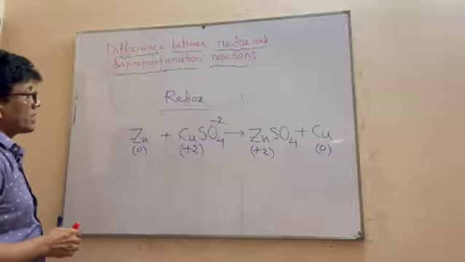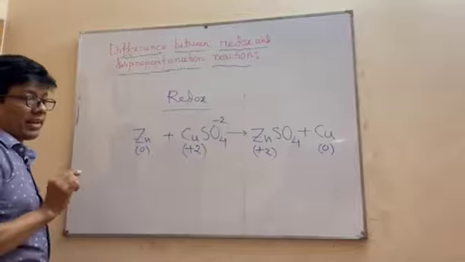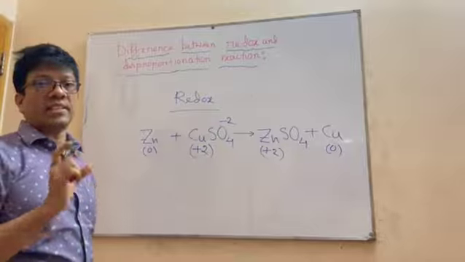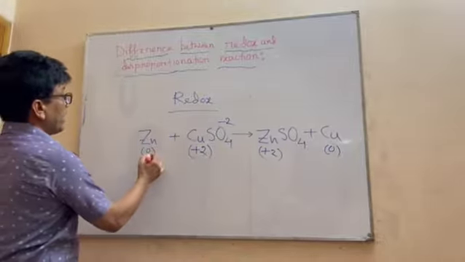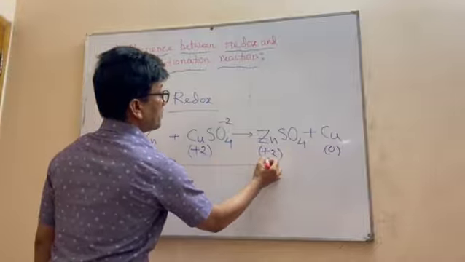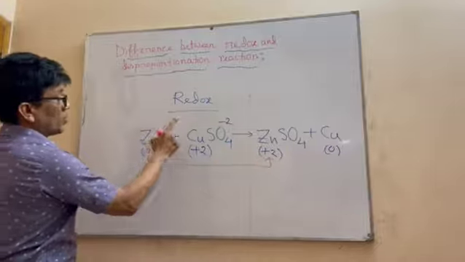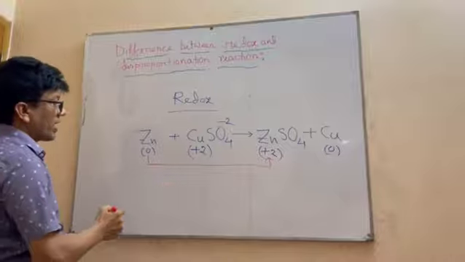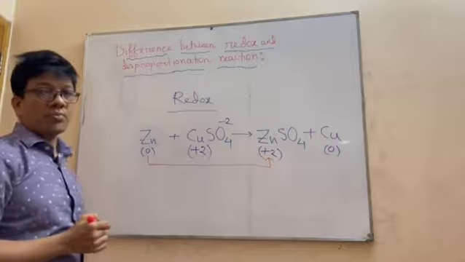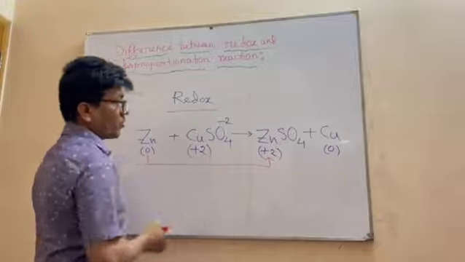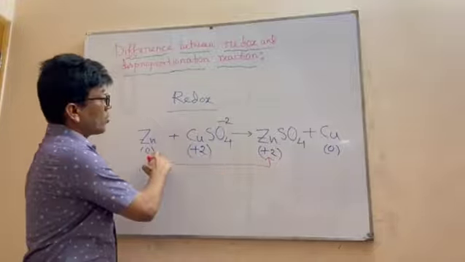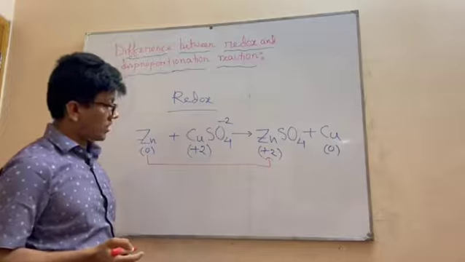So redox reaction is a reaction in which an element is oxidized and another element is reduced. Zinc is oxidized because zinc loses electrons, or you can write oxidation number of zinc increases 0 to +2. 0 to +2, zinc is oxidized.